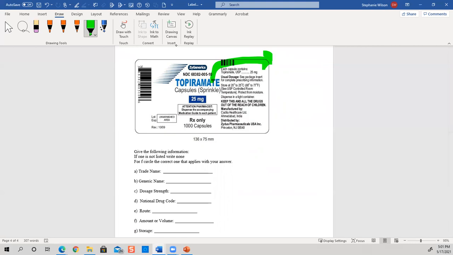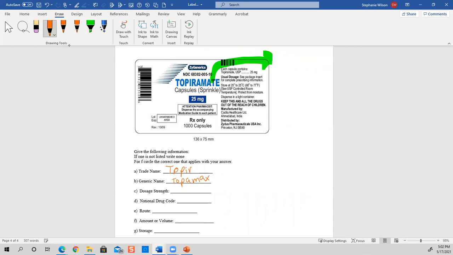You do need to know this, and this is something you need to know before you get in the program. The more you learn here, the easier it is in the program. So I did my research and I found some generic names for this, and there were multiple generic names. So I'm not 100% sure on these because I did not go to the nursing or the health or medical field, but this was my research. The generic name was topiramate. Okay, I'm not even going to try to pronounce that. So I would put that here.